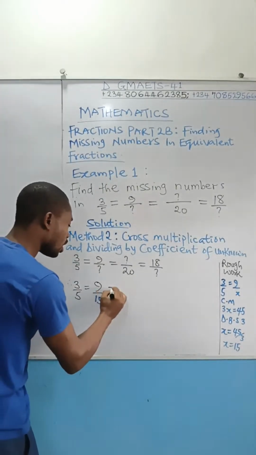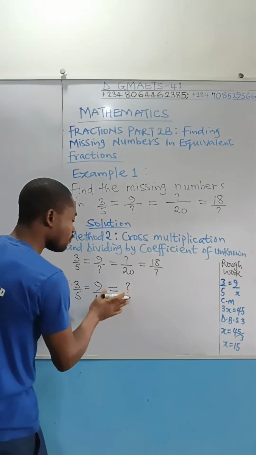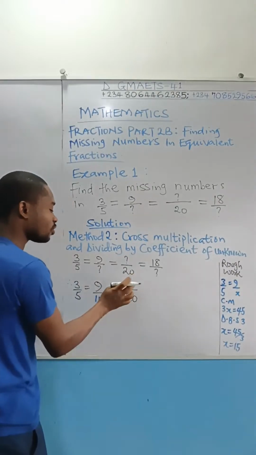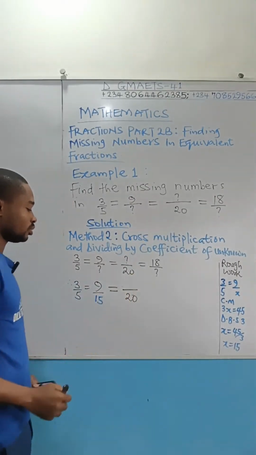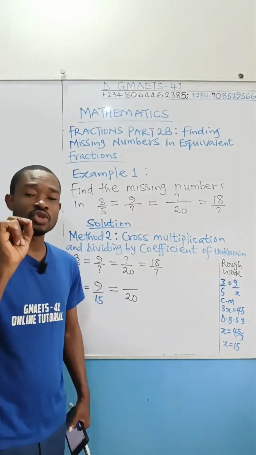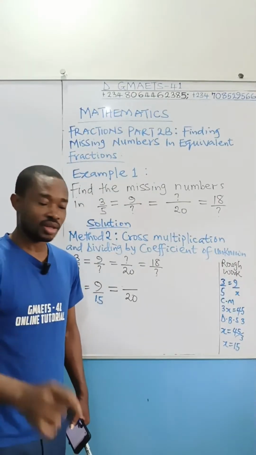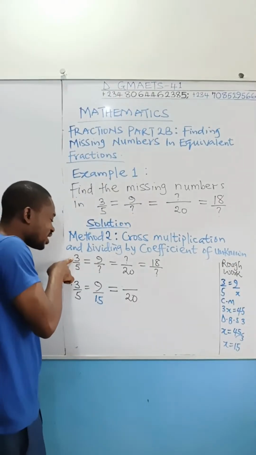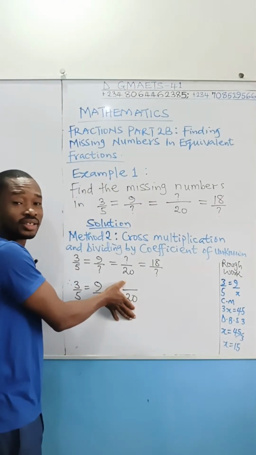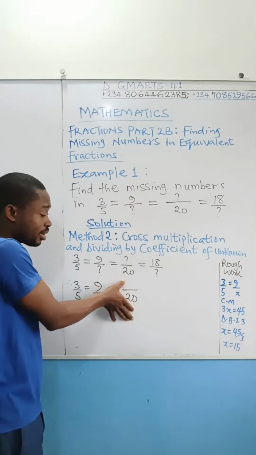Okay, the next one will now be equal to question mark over 20. So let me do it over 20. We are trying to find this unknown, the missing number there. Now, at this point, you have your choice to make. You can use the first fraction, 3 over 5, together with this fraction that contains the missing number you're trying to find.